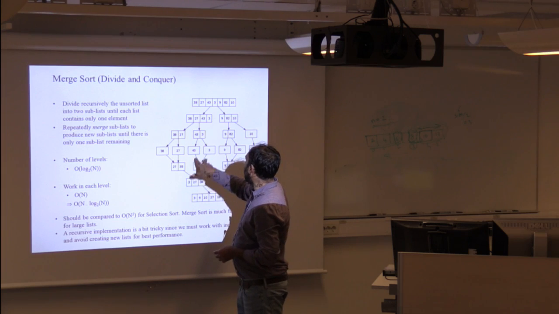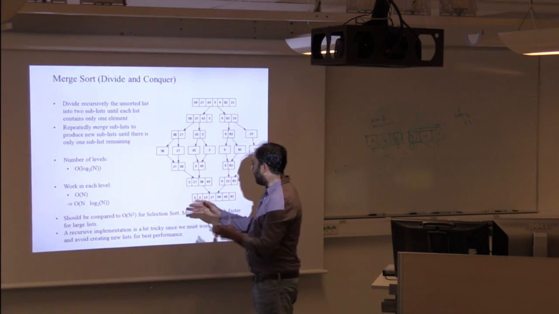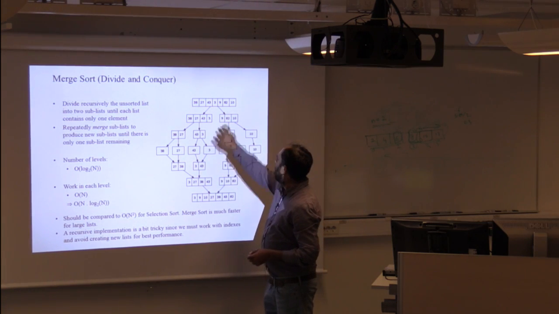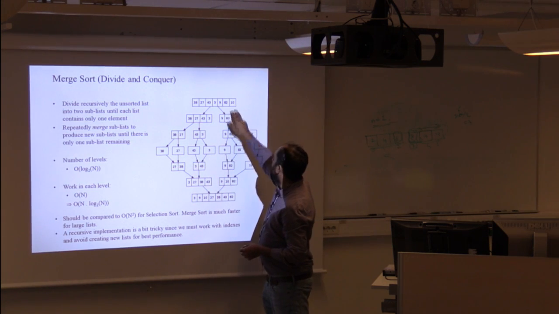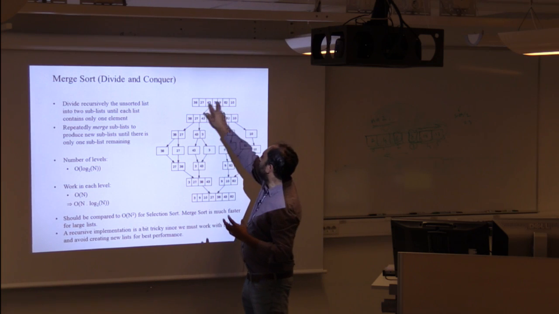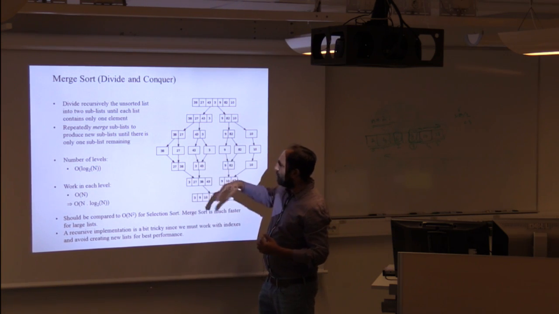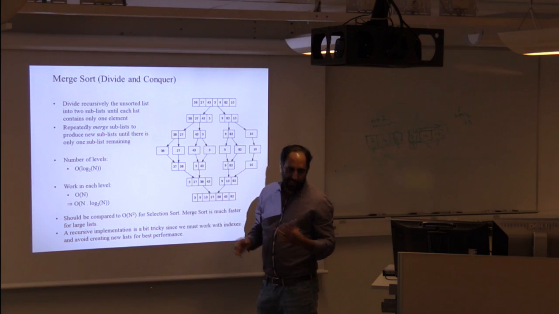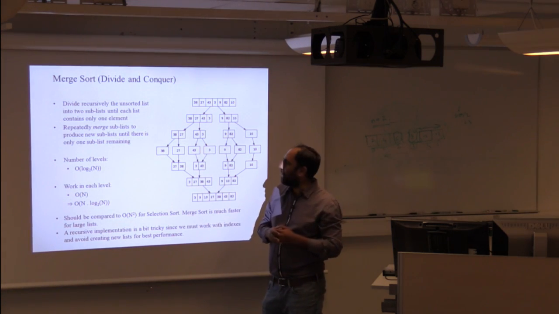And then we have to do work at each level to combine them. So we get the smallest parts equal to the size of the list, and the size of the list is n. If we have 100 elements, we have to combine 100 elements, and if we have just 10 elements, we have to merge 10 elements.